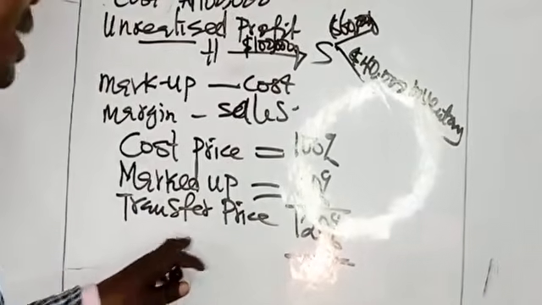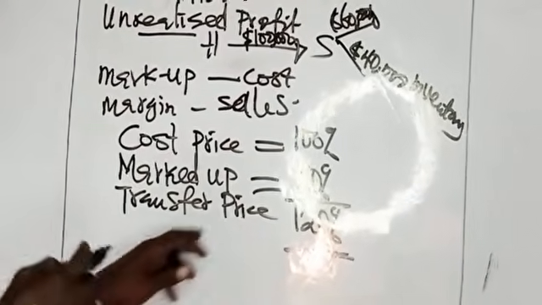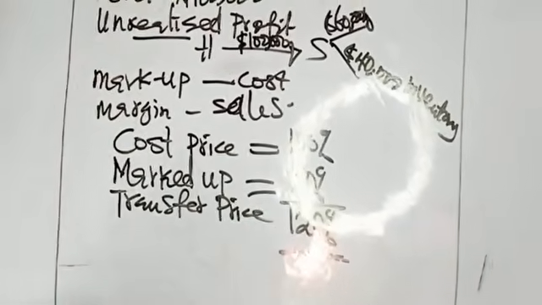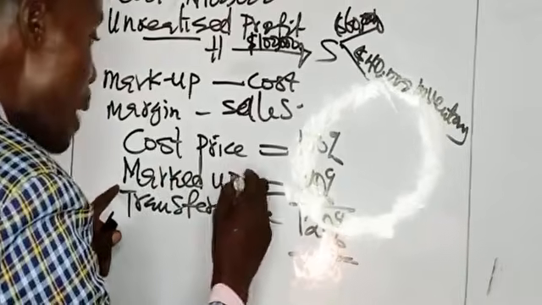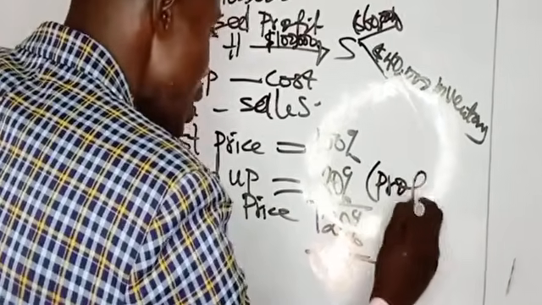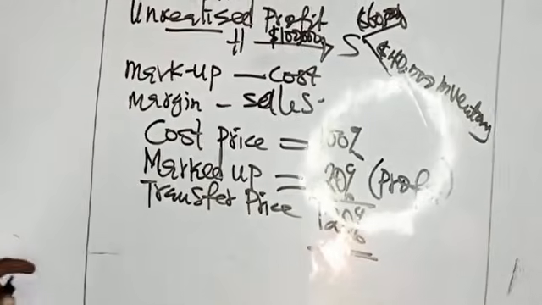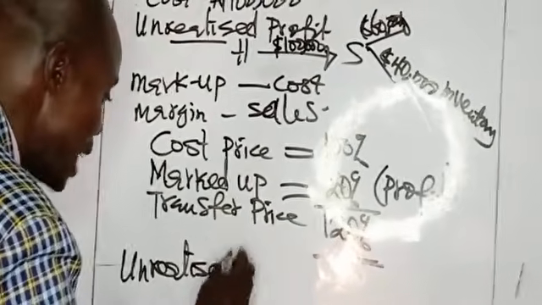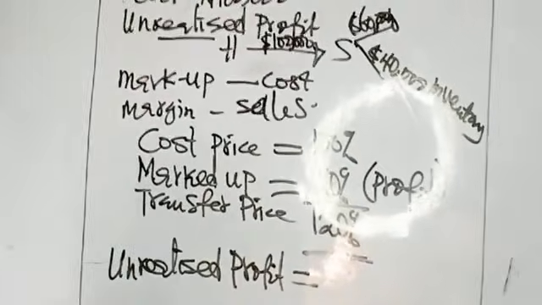Where the value you are given for the inventory is at the transfer price, the markup there is the profit. Remember I've told you that the unrealized profit will be calculated on the unsold inventory.